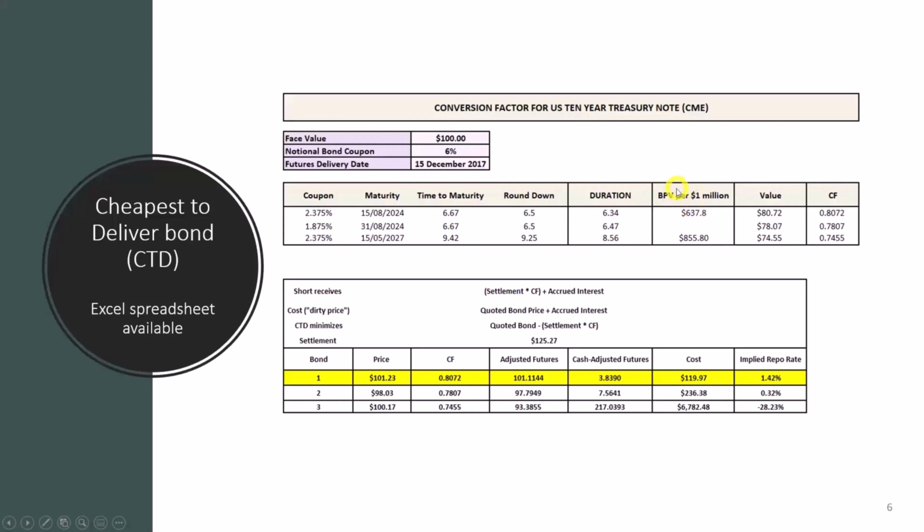We can also calculate the BPV, the basis point value per $1 million of face value. We can convert the value of this bond essentially against a 6% theoretical bond, and from that we can then calculate, simply by dividing that by 100, what's known as the conversion factor. And then what I'm going to explain within Excel is what is going on at the bottom of the screen here. So let me now switch to Excel.